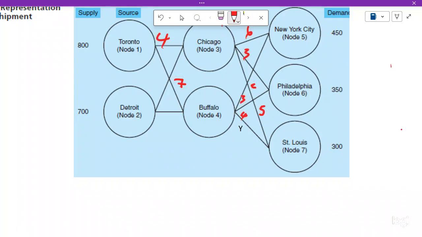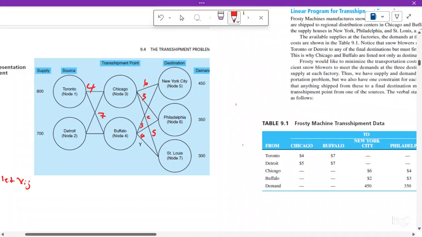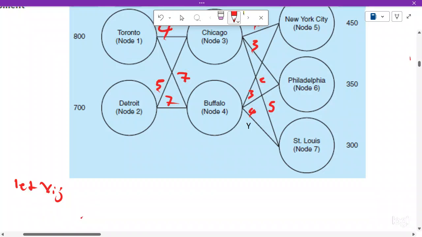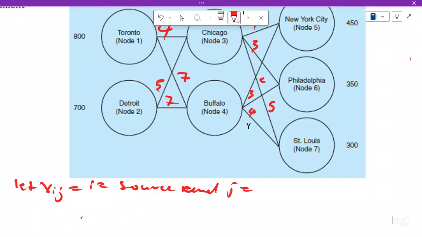Obviously, let xij equal: i is equal to source and j is equal to destination.